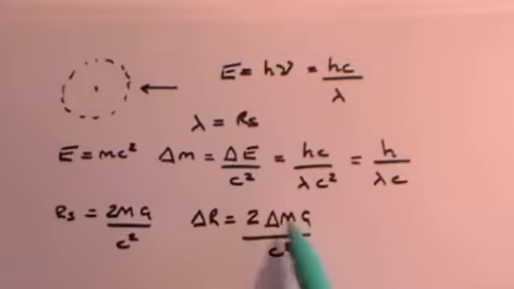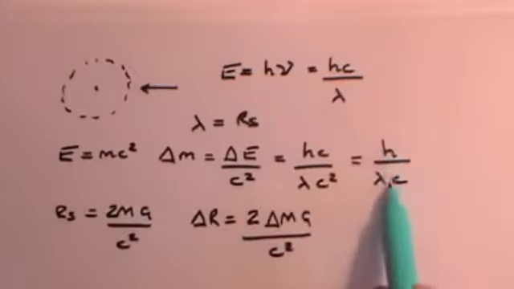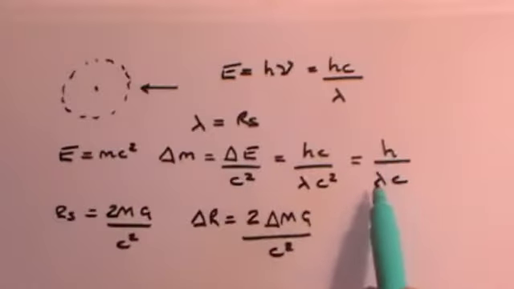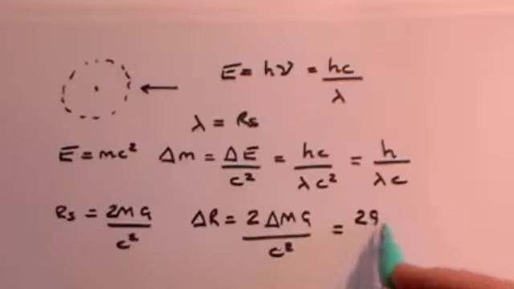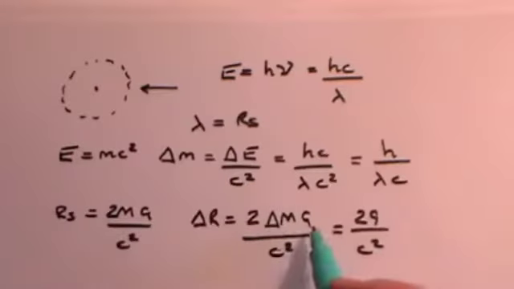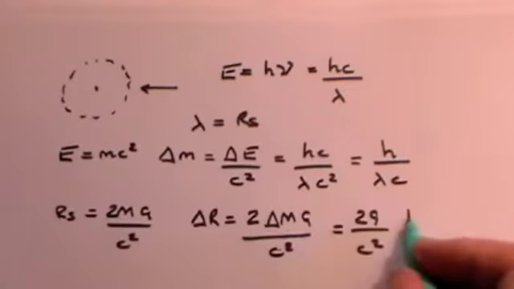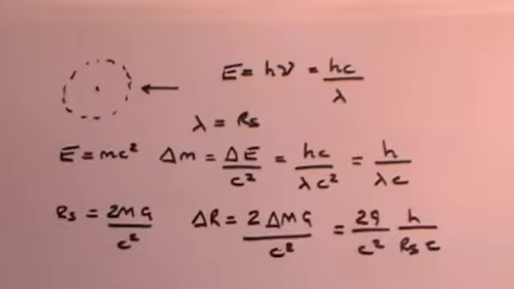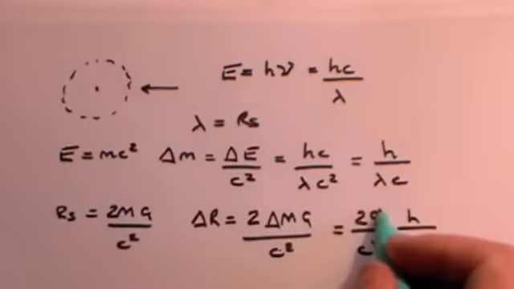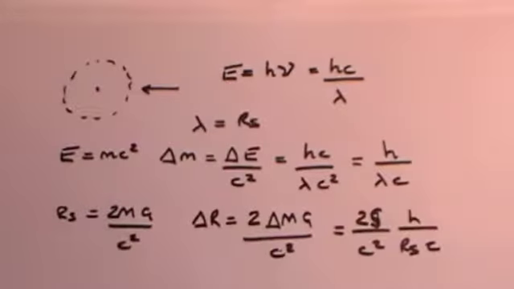But we can substitute for delta m here what we calculated here with lambda equal Rs. So now we can say that delta R is equal to 2g over c squared times delta m, which is h over lambda c, but lambda we're going to say is comparable to the Schwarzschild radius. That's 2g up here.